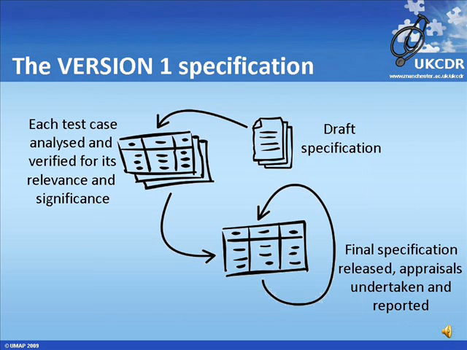In order to finalise the version 1 specification, a draft series of specifications was put to the partners. A robustness testing workshop was held where each test case was read, analysed and verified for its relevance and significance to a best practice specification for high stakes testing.